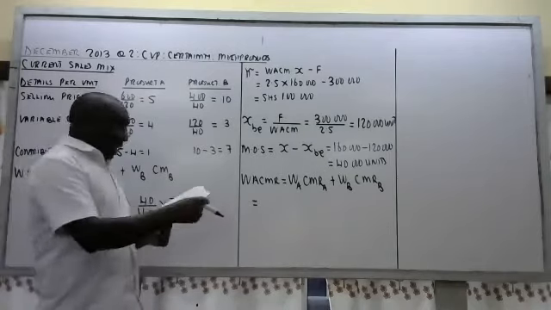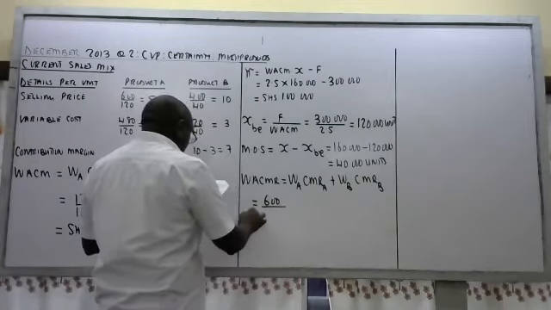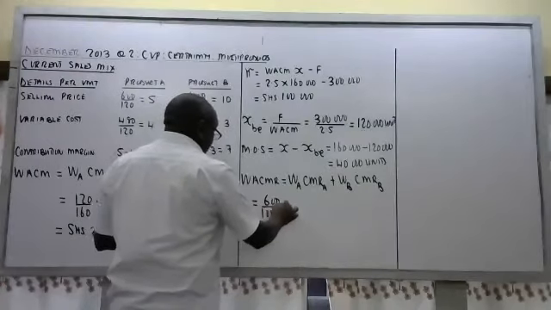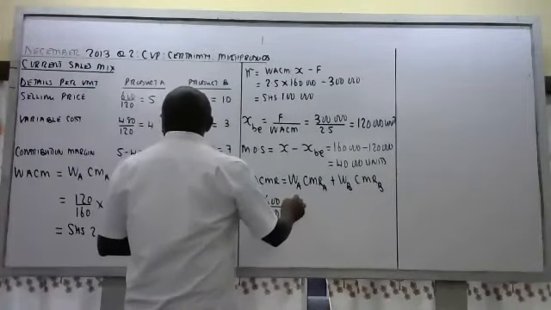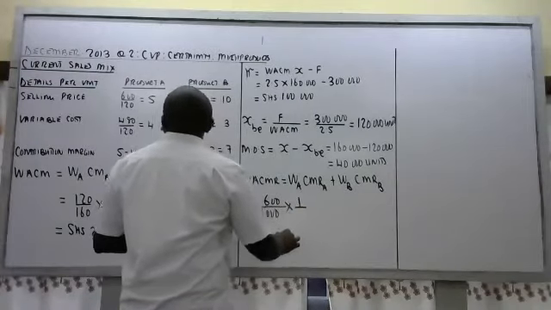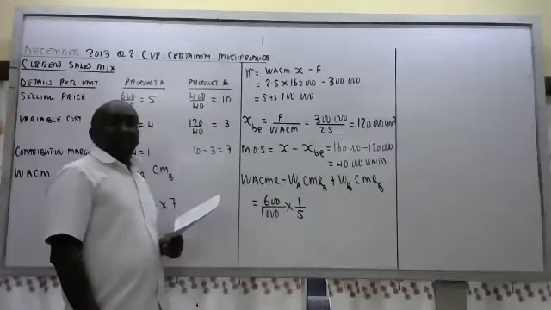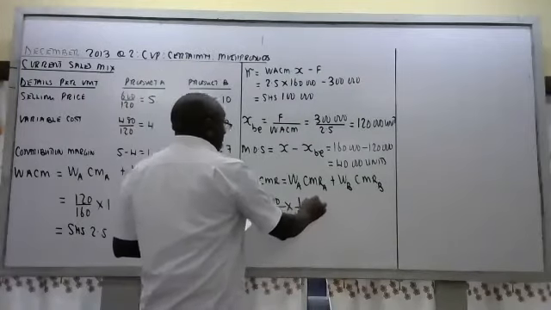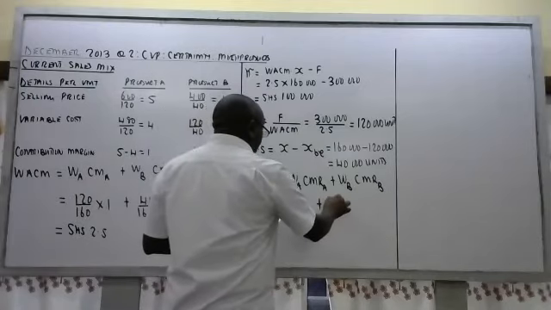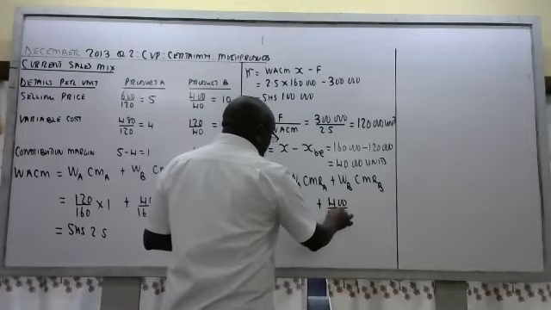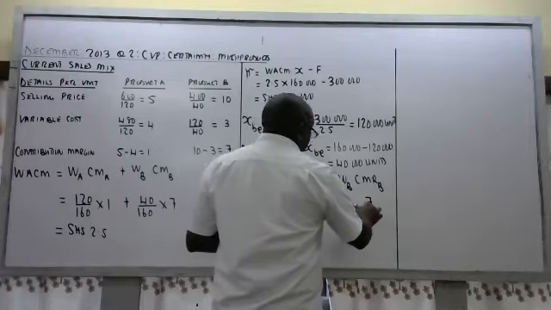So you can see the revenue is 600 out of a total of 1,000 times contribution margin ratio for A, which will be the contribution 1 divided by the selling price of 5, plus the other one will be 400 in a total of 1,000 times contribution margin of 7.